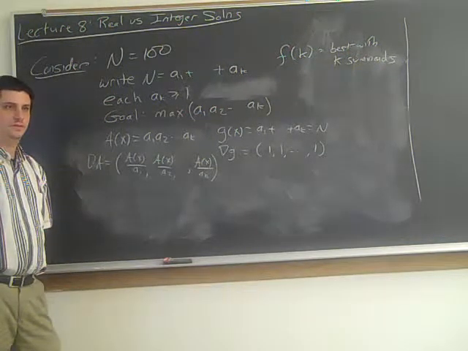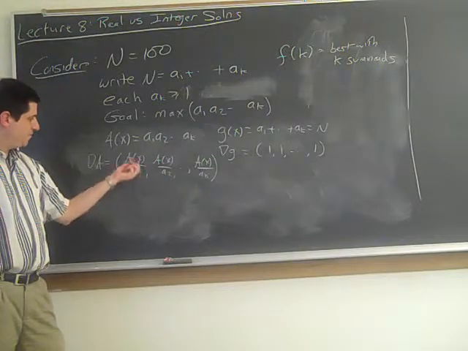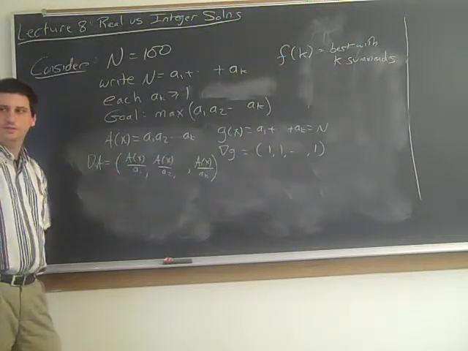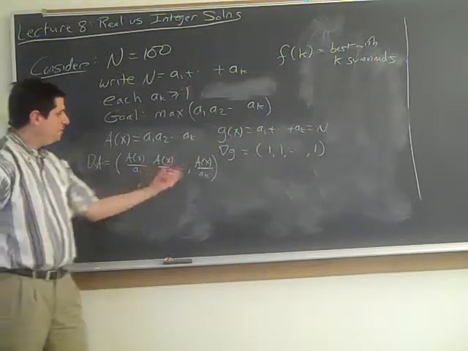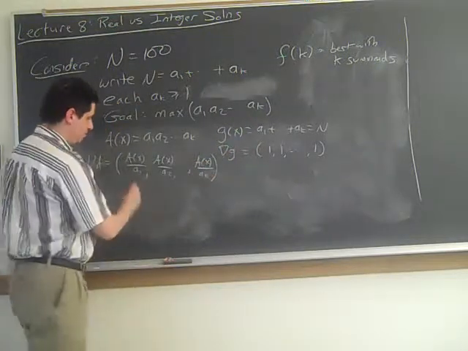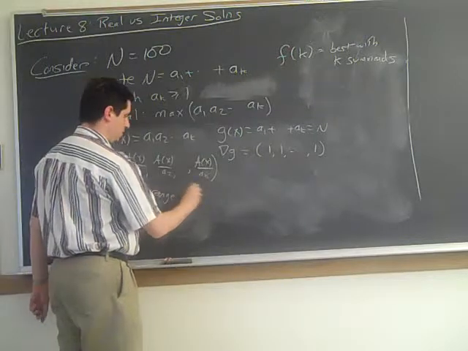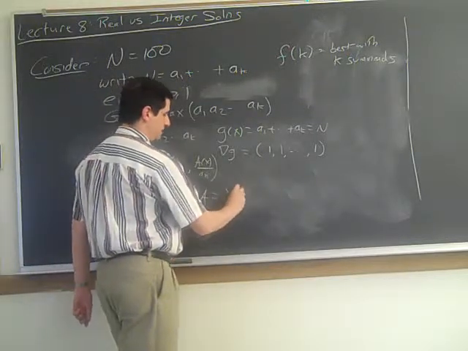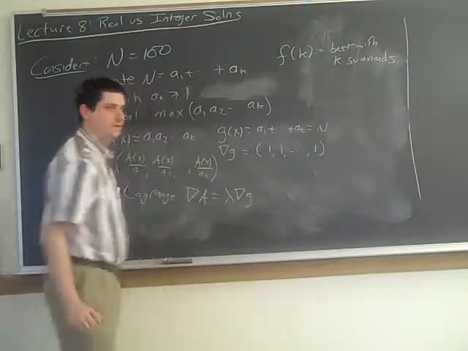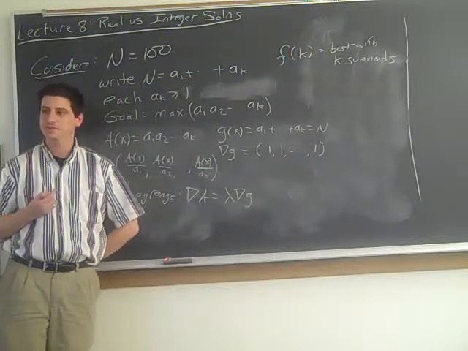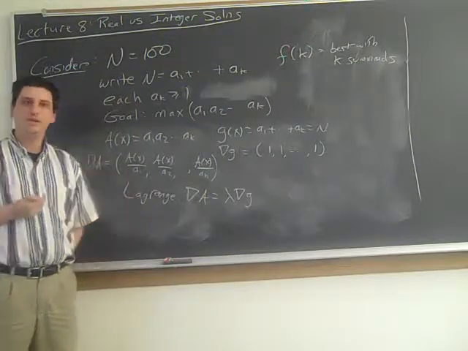Right? This pulls out the factor of a1, this pulls out the factor of a2. So if I want these two vectors to be parallel, you know, Lagrange tells us that the gradient of A is lambda times the gradient of g. And I think we talked about Lagrange earlier in the semester. Do we care about lambda?